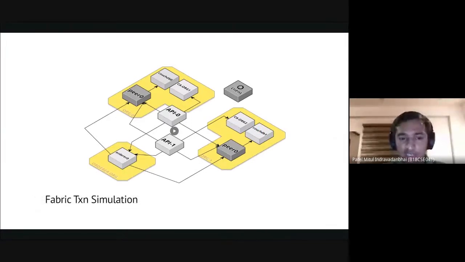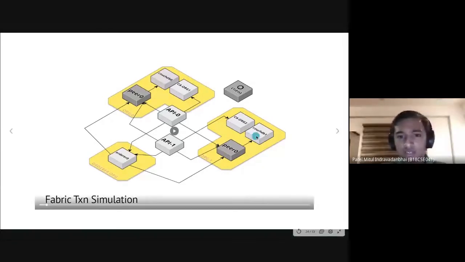Mongo stores the data as a list of JSON objects. CouchDB stores them as key value pairs. So let me show you the simulation.